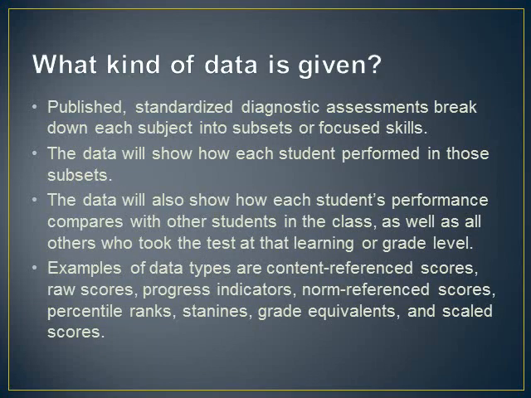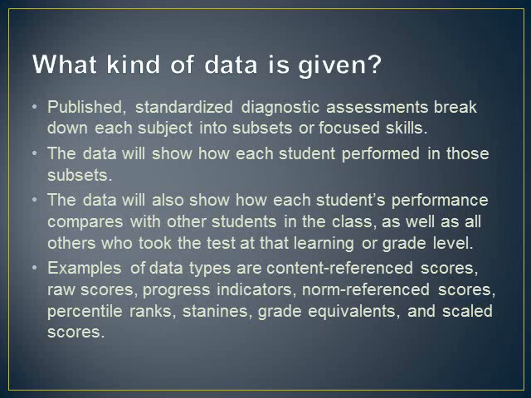What kind of data do we get from diagnostic testing? Well, published standardized tests tend to break the subjects down into skill-related subsets and then give data on how a student performs in each one of them. Data will be provided on how an individual student's performance matches with his or her classmates, or with other students who have taken the test both within the same school or in other schools, including all other students who have taken the test.